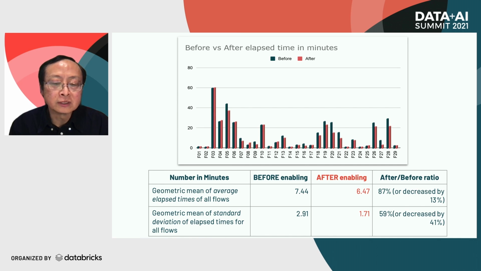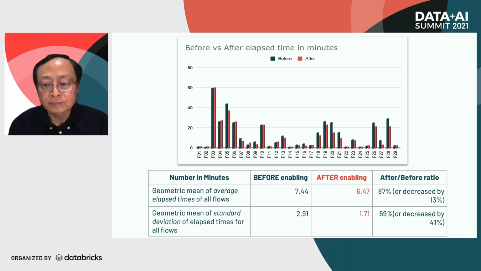This is because before we enabled the speculation feature, all the jobs used to run with a big range of job elapsed time. So many of them did not meet SLA, service level agreement.